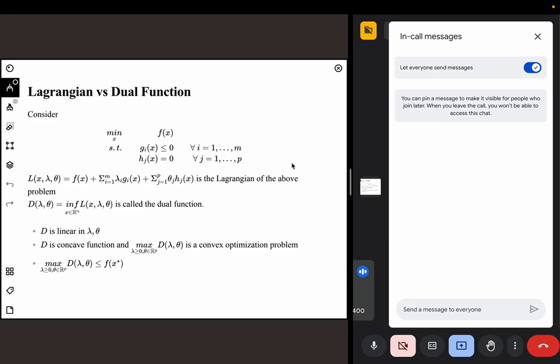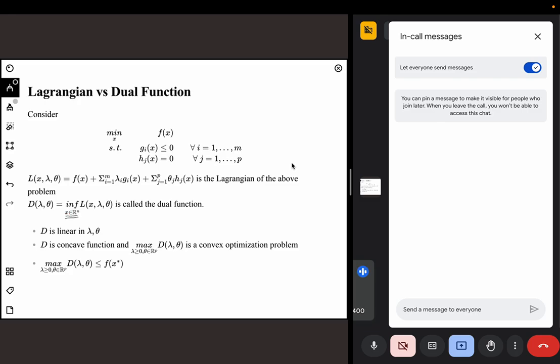Yeah. So the next one is the concept of Lagrangian and dual functions. This is our standard optimization problem. We have to minimize some function f of x subject to the constraints gi less than or equal to 0 and hj equal to 0. The Lagrangian, which we already discussed before, is f of x plus summation of lambda times gi plus this particular function. This can also be treated as when we try to minimize this L over all the x possible.